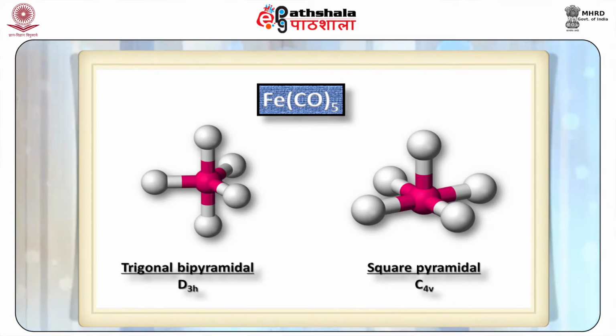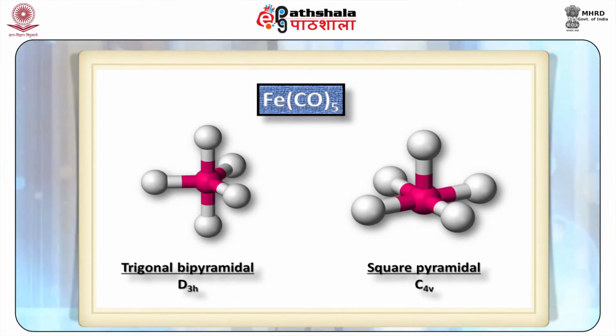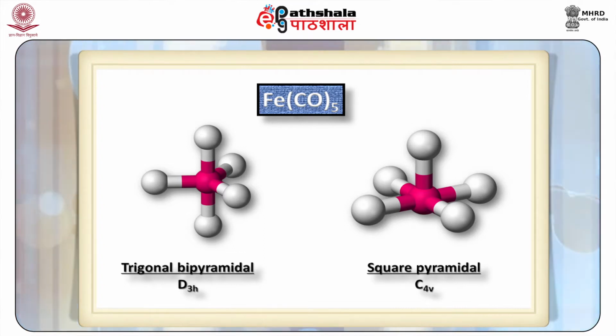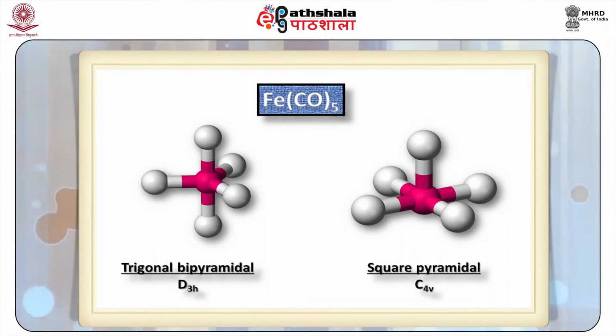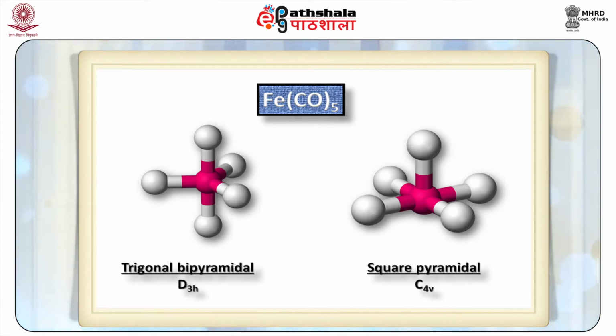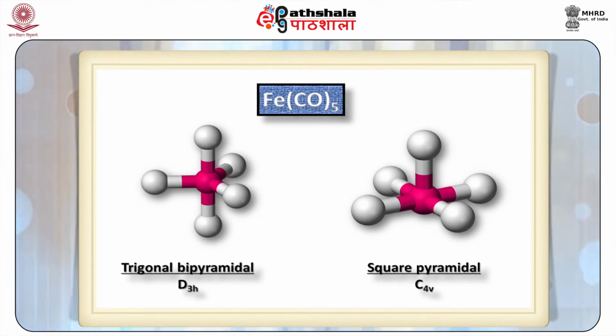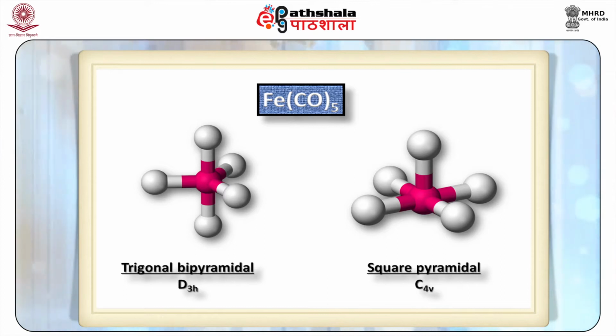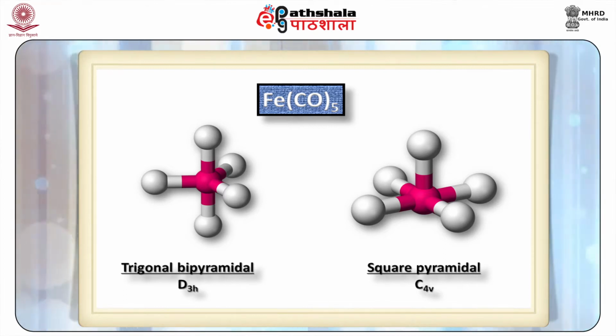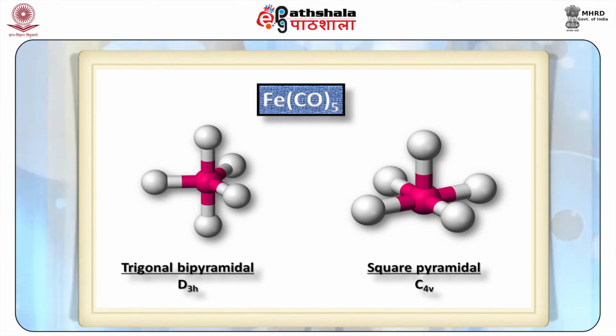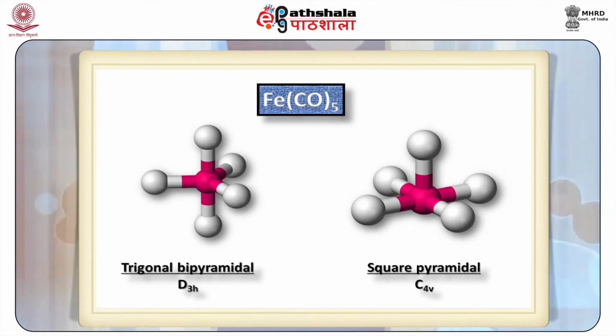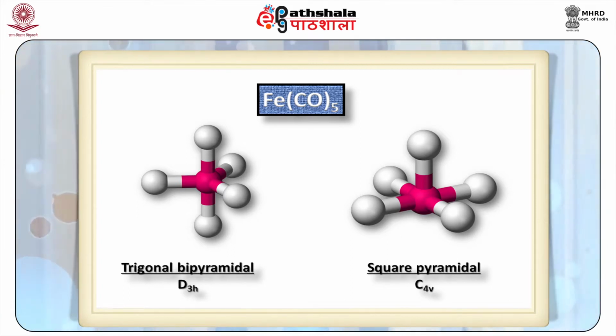This is one geometry. Another possible geometry is like this, 4 CO on the base and one like this. So I have two possible geometries for this molecule: TBP, which has D3h symmetry, and square pyramidal geometry, which has C4v symmetry.